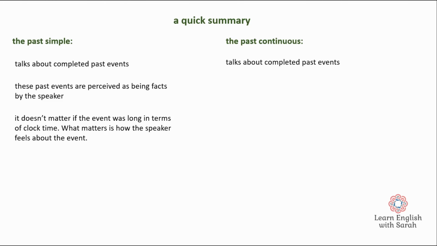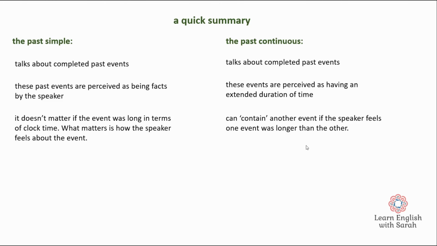Past continuous also talks about completed past events. These events are perceived as having an extended duration of time. One event can contain another event if the speaker feels one event was longer than the other.